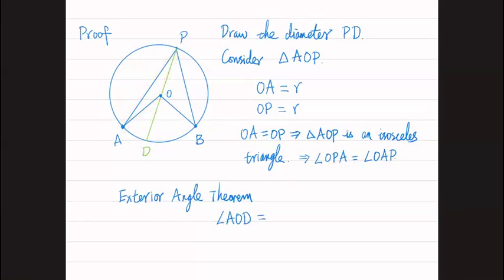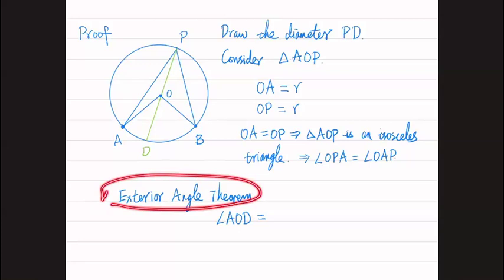Okay, try to recall what the exterior angle theorem tells us. Isabel, the exterior angle theorem. Do you still remember this? I don't think I do, sorry.